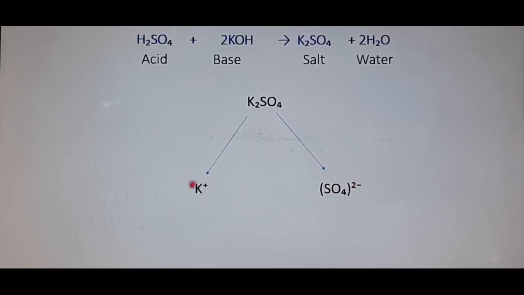The positive ion we have got from the base, and the negative ion, minus means negative, we have got from an acid. So that is the definition of salt. It is an ionic substance which we get from a reaction between acid and base, and the positive ion we have got from the base, and the negative ion we have got from an acid.